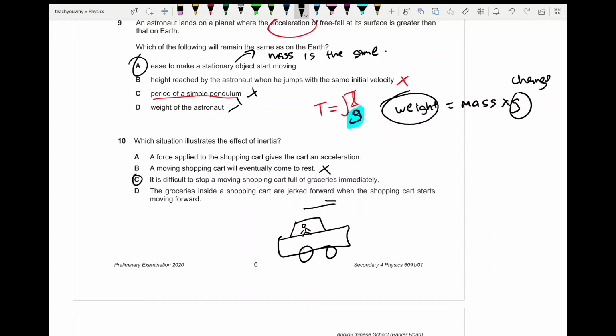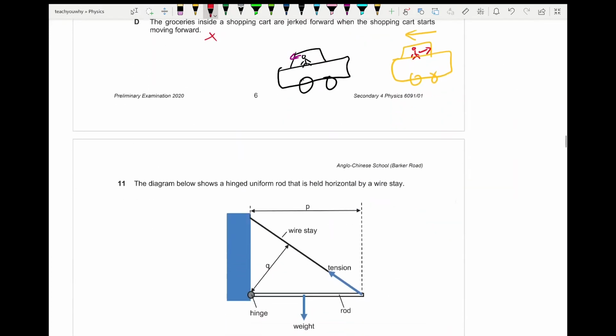When the car moves forward, you actually feel you are being jerked backwards. Unless the car is braking, you feel yourself moving forward. So D is wrong. So the answer is C. A force applied to a cart doesn't tell you much about the effects of inertia. Okay, so therefore we don't use that.